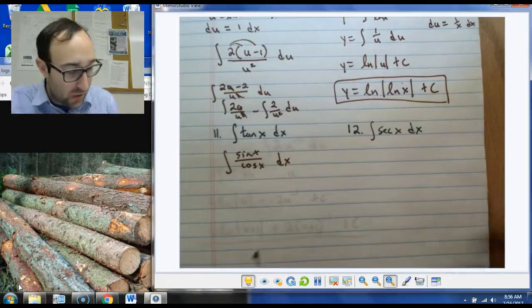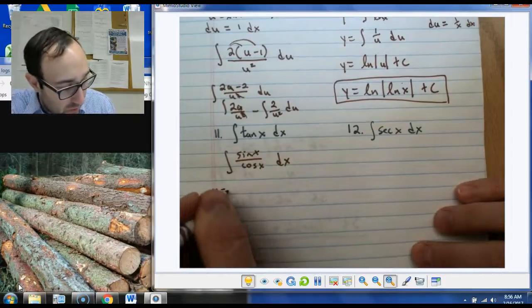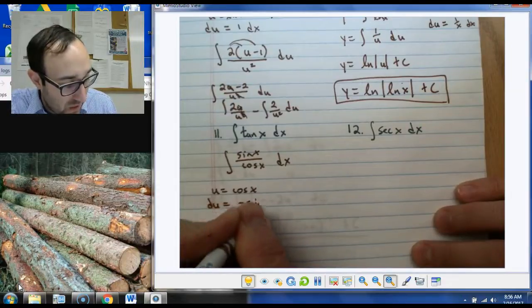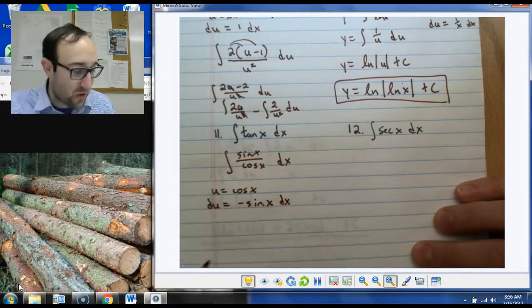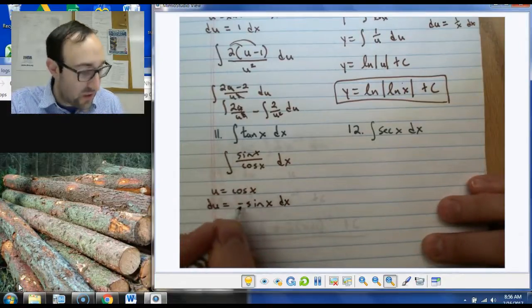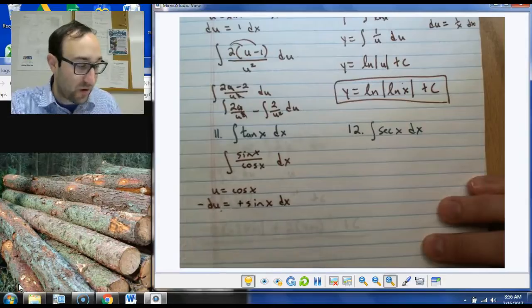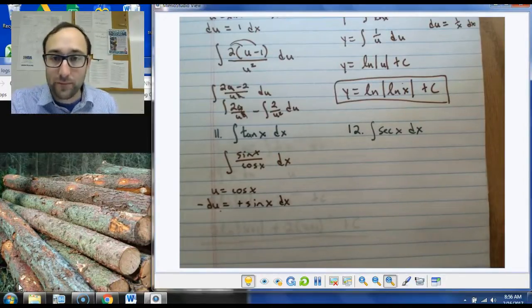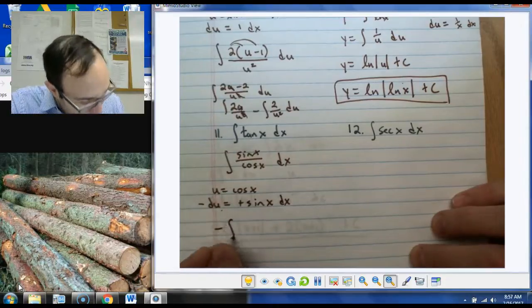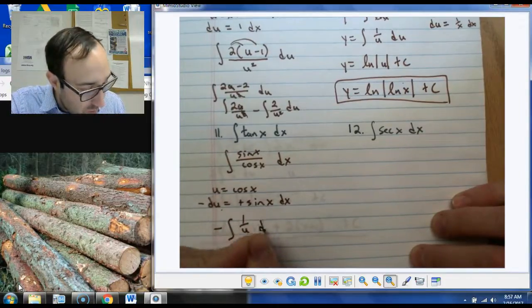Okay, good. So now let's say u equals cosine x, and then what is the derivative of cosine x? Well, it's negative sine x dx, right? I don't have a negative, so I got to put it in. I got to make sure that I put this negative in, or just put the negative out in front on this side, so that way we're all balanced. So I can say this is really the same as negative integral of 1 over u du.